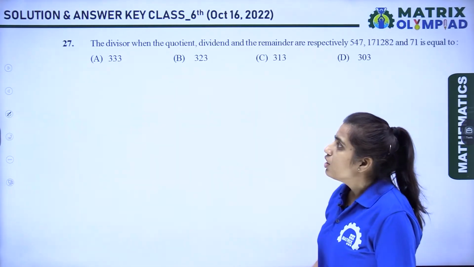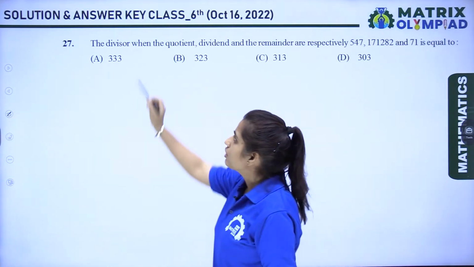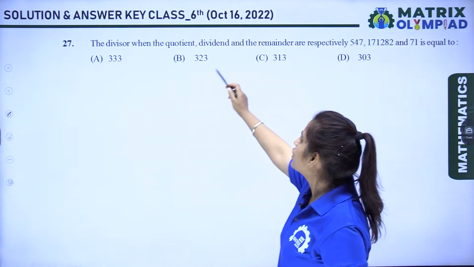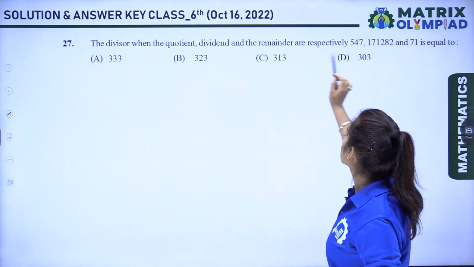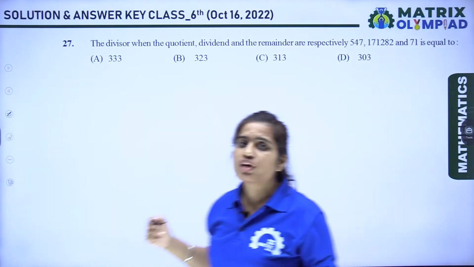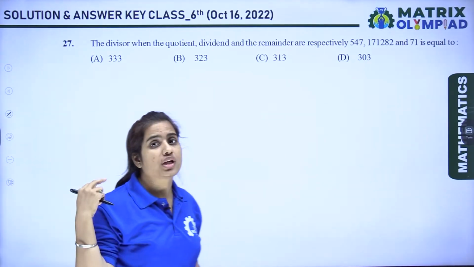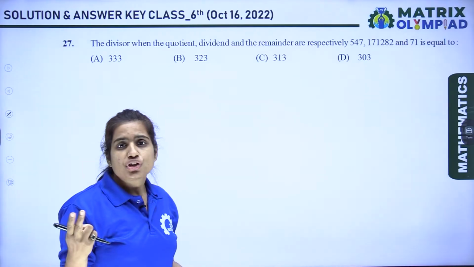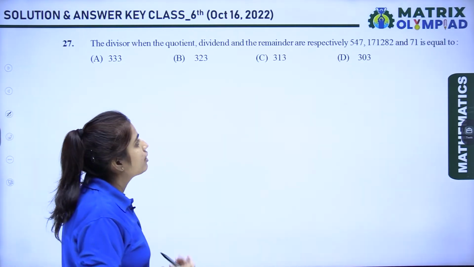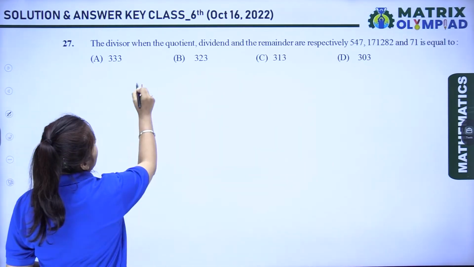Next, question 27. Find the divisor when the quotient, dividend and remainder are given respectively. So, here we are given the dividend, the quotient, and the remainder.